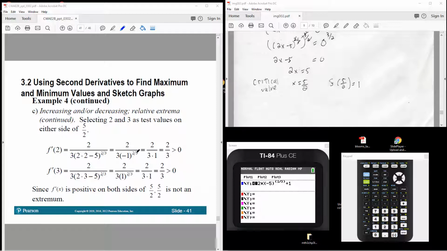So we plug in here, we found our critical value at 5 halves.